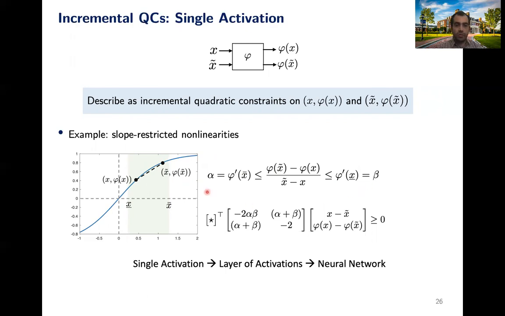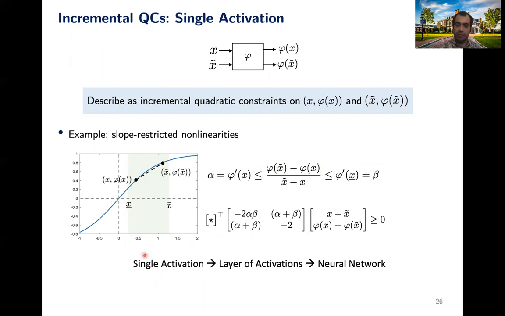So this is called a slope-restricted nonlinearity, and we know from robust control that we can equivalently describe this slope-restricted condition using a single incremental quadratic constraint. The approach for abstracting away the whole neural network with an incremental quadratic constraint is similar as before.